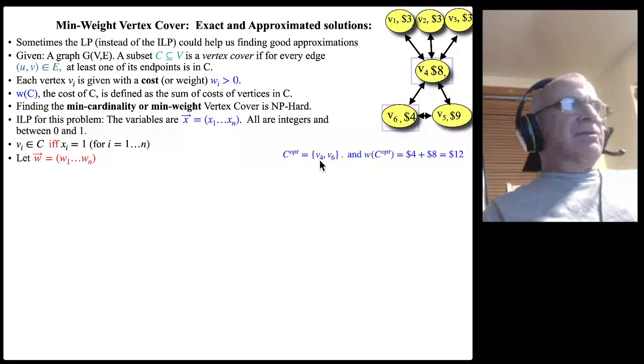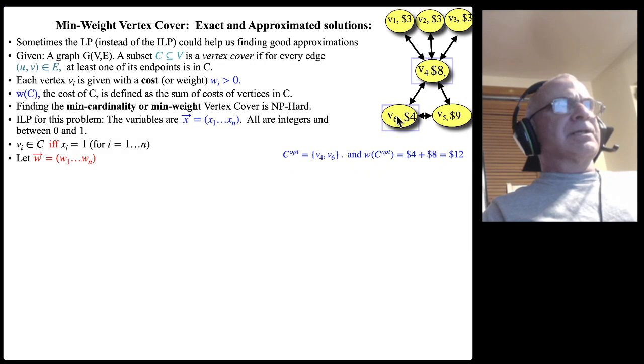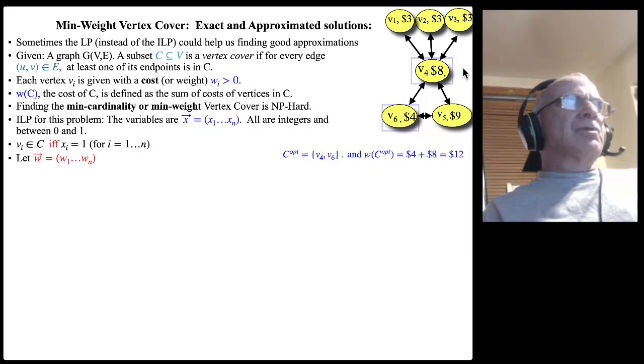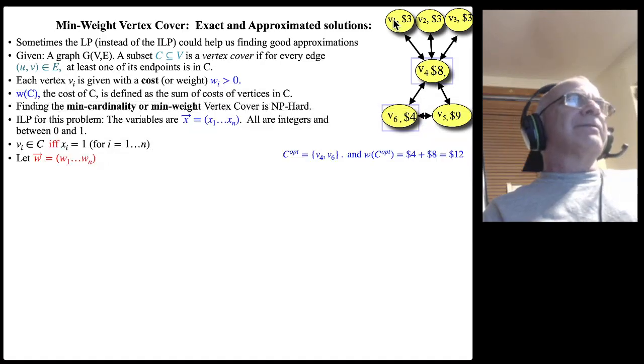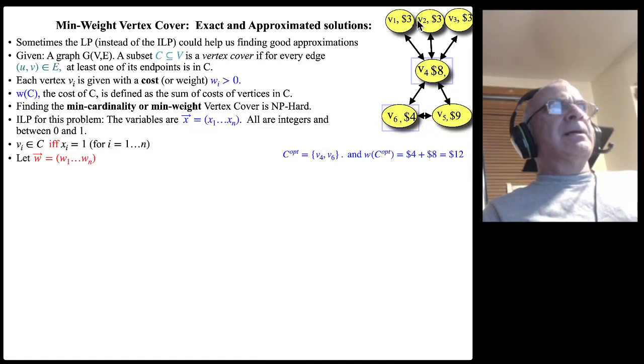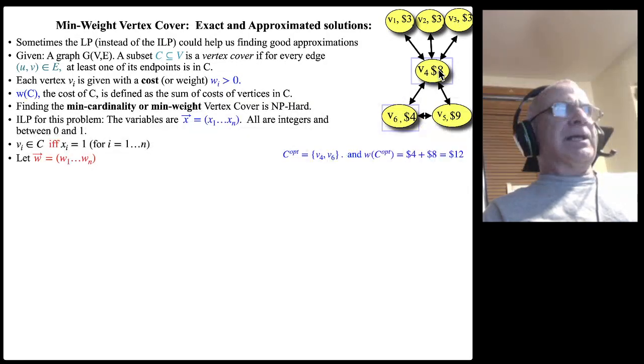It consists of the vertices v4 and v6, and the cost of this cover will be $4 plus $8, making it $12. Had I not used v4 in the cover, I would still need to cover the edge v1, v4, so I would have to use v1. Similarly, I'd have to use v2 and v3, paying altogether $9 for the three of them instead of the $8 that I'm paying for v4.